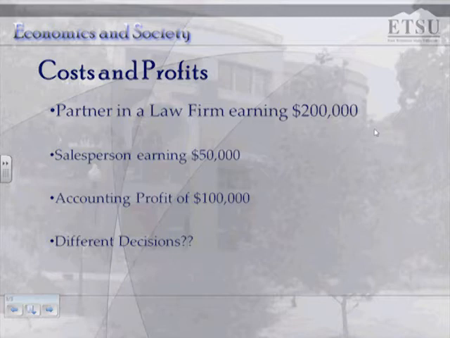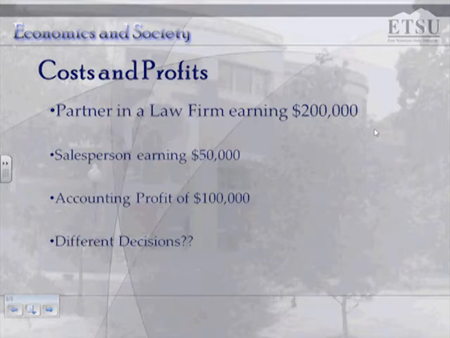So the salesperson ends up $50,000 better off and stays in the restaurant business, and the partner in the law firm ends up closing his restaurant and going back to the law firm, even though the two people made the same exact accounting profit. Because of their implicit cost, they reached different decisions about their business endeavors.